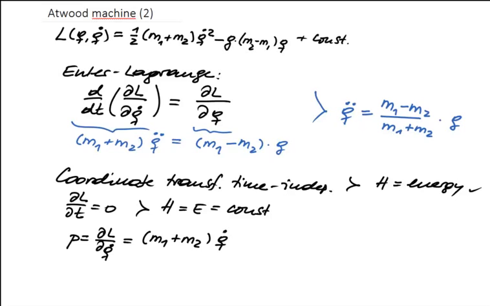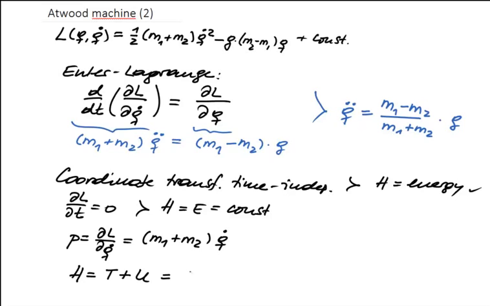But actually, we don't have to go through the general formula p times q dot minus L. We can make life simpler here because we know that the Hamilton function is the total energy. So we can immediately write the Hamilton function as kinetic energy plus potential energy. And for both we already had derived formulas.